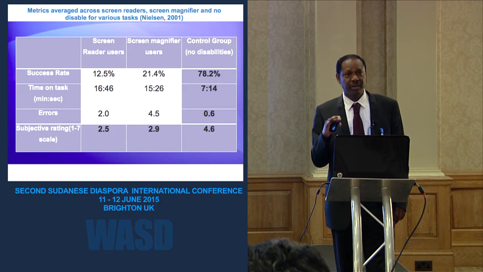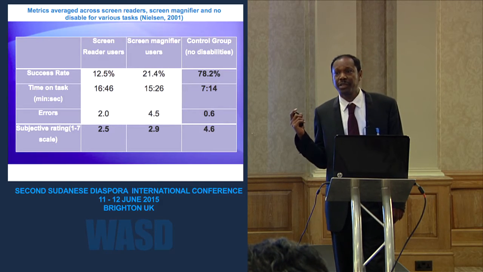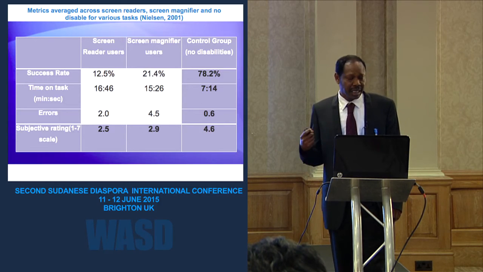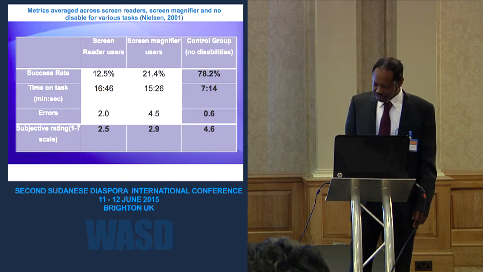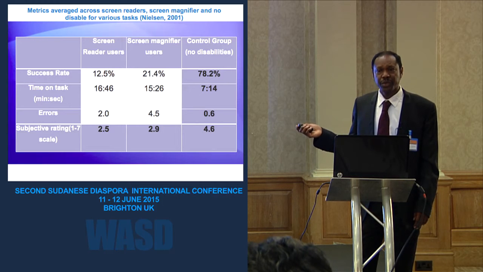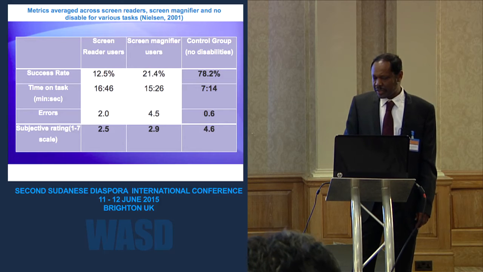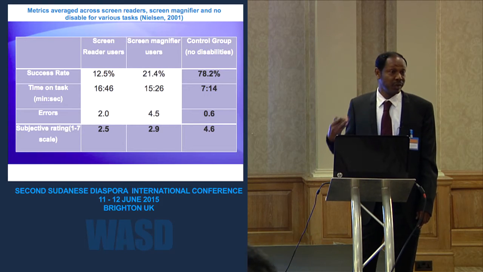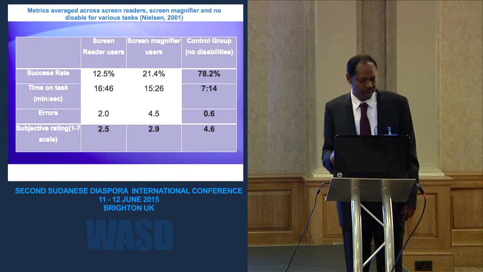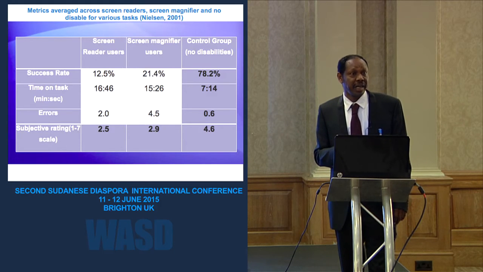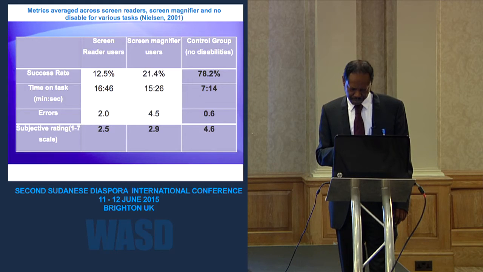And also you can see the errors: the number of errors caused by a screen reader used by a visually impaired person is higher than the one used by a non-disabled person. It's 0.6 for non-disabled, but the errors by visually impaired people, even when they use a screen reader, is 2.0, and with a screen magnifier it is higher, here it is 4.5.